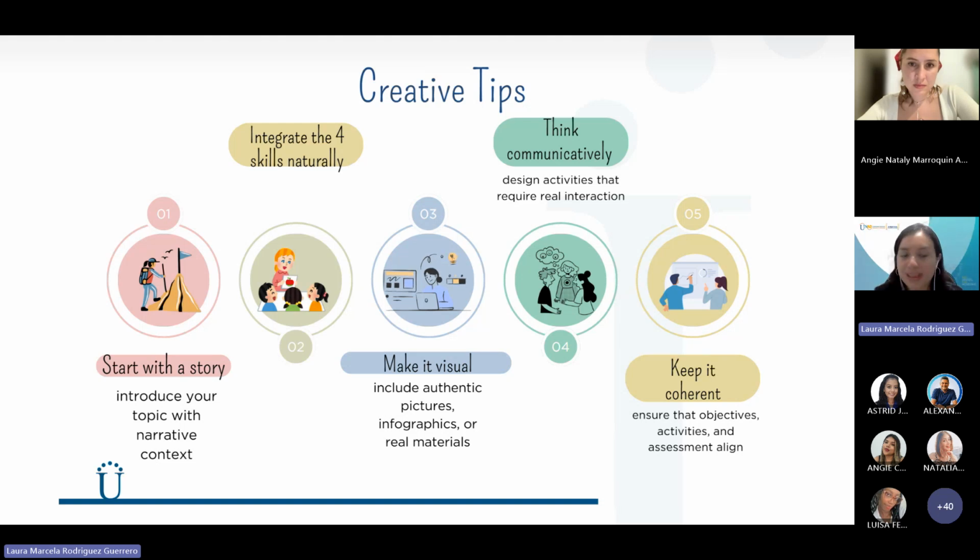Introduce your topic with narrative context, try to connect with the students. Integrate the four skills naturally. So try to find the path in which you can include the four skills without changing it in a bad way from one to the other.